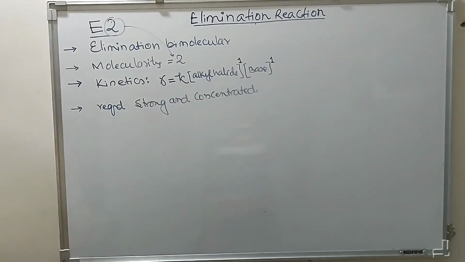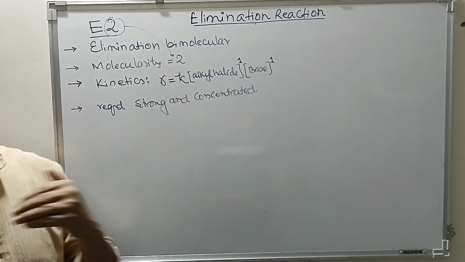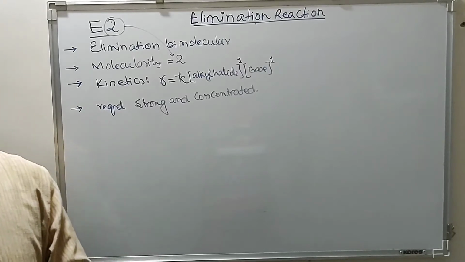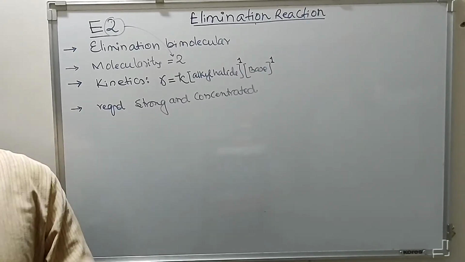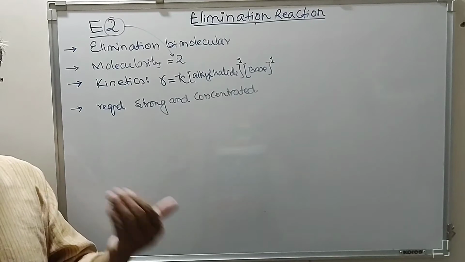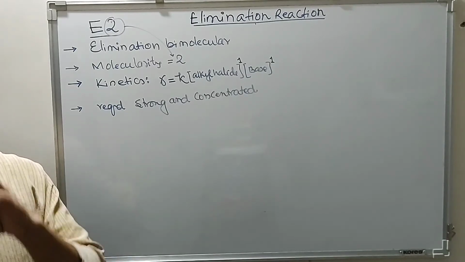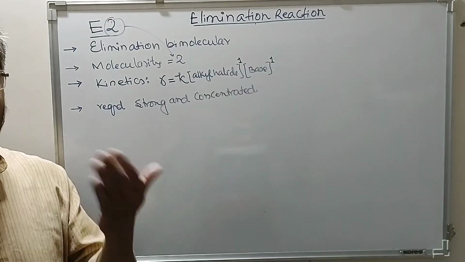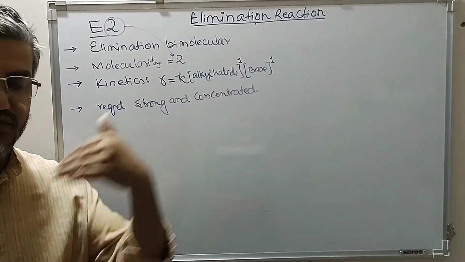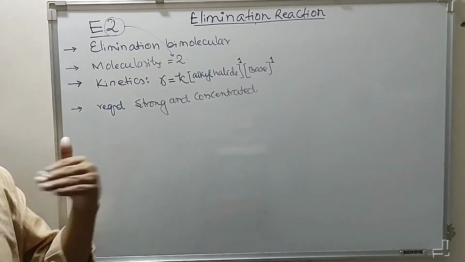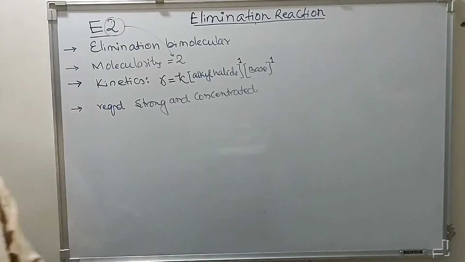That means for the same base, if we keep on increasing the concentration of the base, the rate becomes faster. So with the same base, if the concentration is increased from dilute solution to concentrated solution, the rate becomes faster.